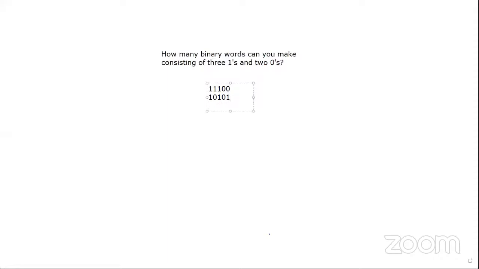Another example is, of course, this one. The question is how many of them? Here we don't make any distinction between this one and this one, so they are just the same.